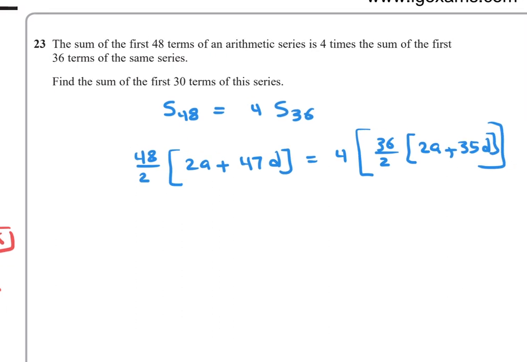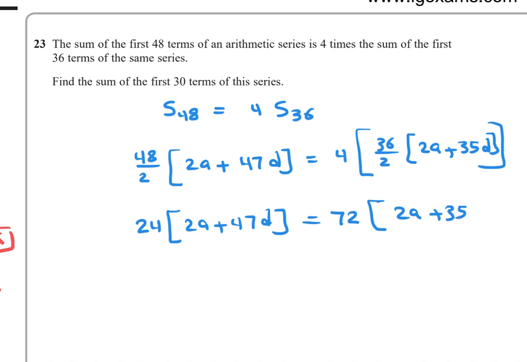Now if we expand, 48 divided by 2 equals 24, into 2a plus 47d. 36 divided by 2 equals 18. 18 times 4, 72. So 72 into 2a plus 35d.